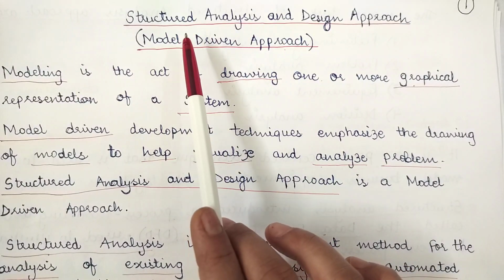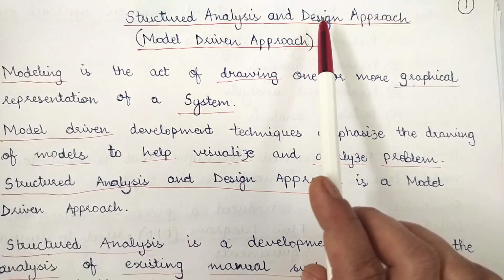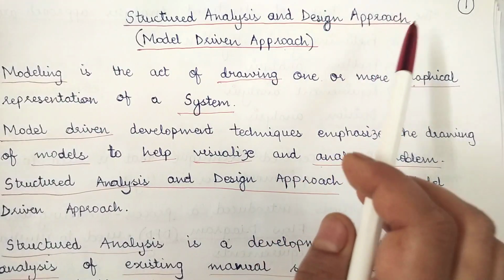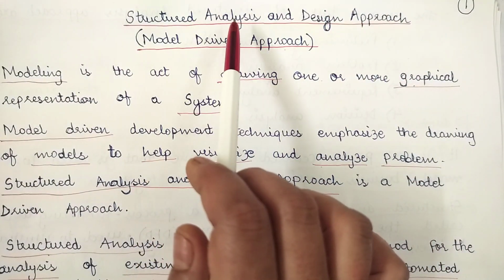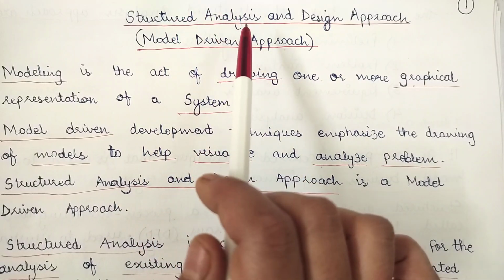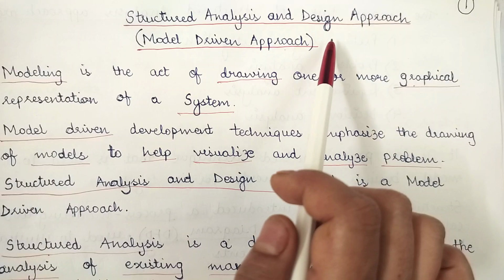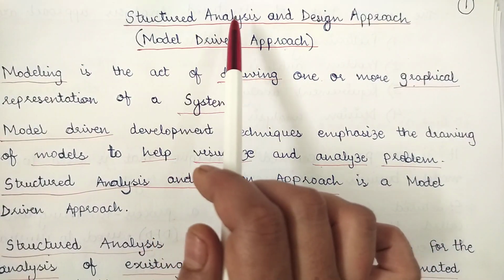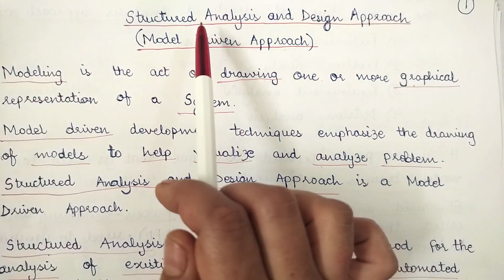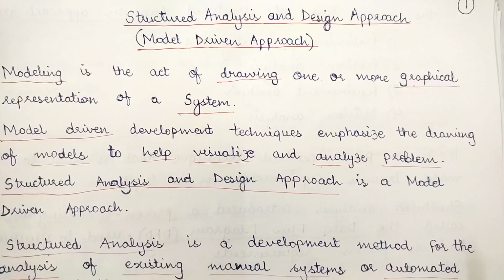So the first phase would be structured analysis and the second phase would be structured design. So to study the structured analysis and design approach, we must study both structured analysis and structured design, where structured analysis comes first, and after we are done with it, we do structured design. And who is doing the structured analysis and structured design? The system analyst, because it is the job of the system analyst to analyze and design the system.